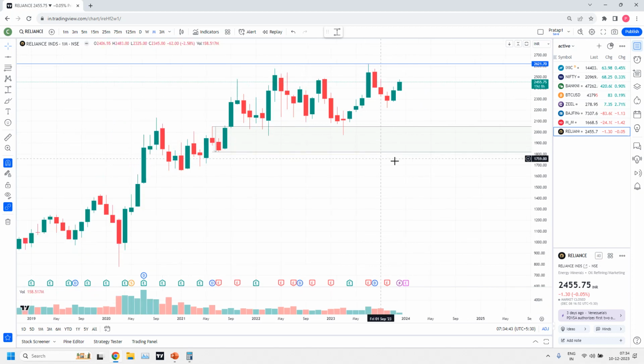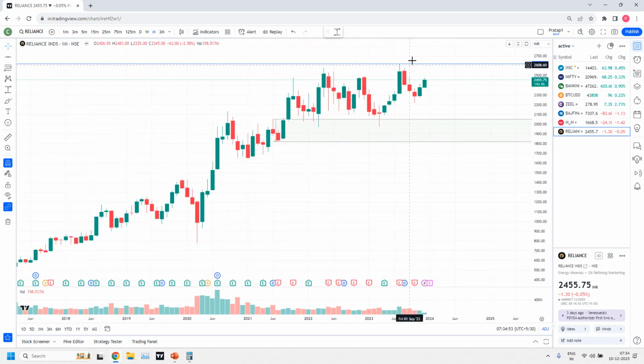But moreover, you have to draw the range from D to D, distal line to distal line, from the distal line of the demand zone to the distal line of the supply zone. But when there is no supply zone, how do you draw the D to D range? Without the D to D range, how are you going to divide it into three parts? The same thing applies even to all-time low stocks.